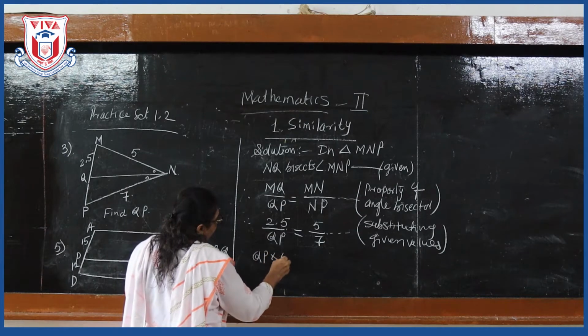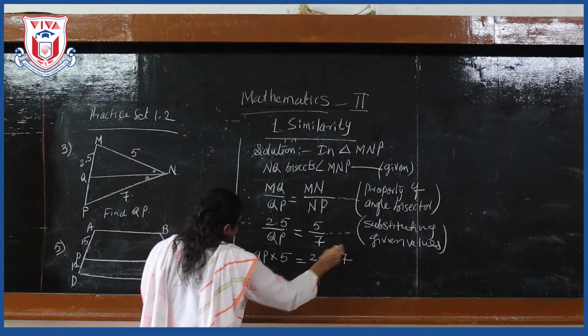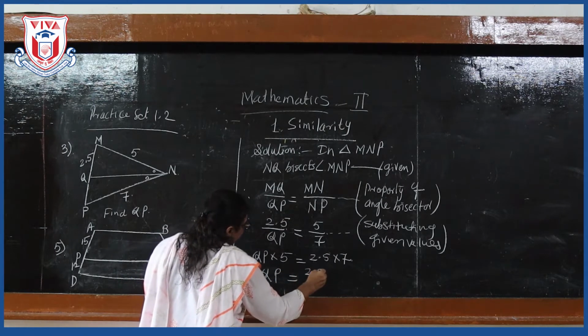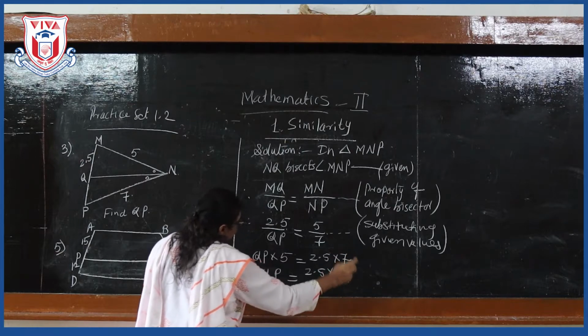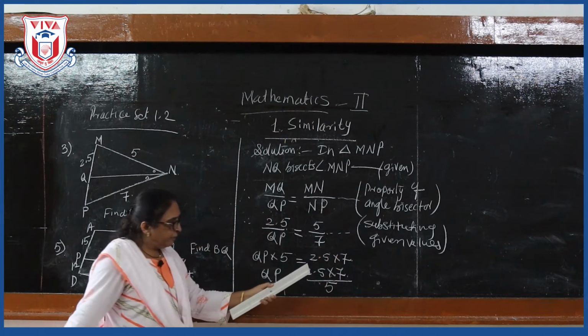QP multiplied by 5 is equal to 2.5 multiplied by 7. That means QP is equal to 2.5 into 7 divided by 5.